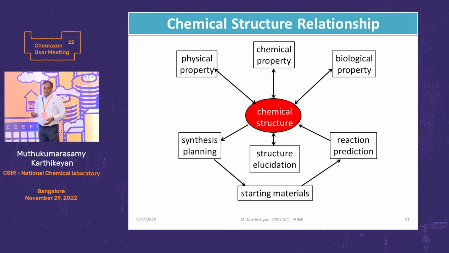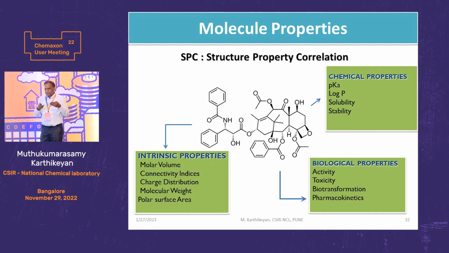Okay, then again I am coming back to my field, that is chemical structure and property relationship. At the end of the day, you have to correlate your variation in structure responsible for variation in biological activity, right? So now this is a very, very preliminary, very basic slide where a molecule has an intrinsic property which you can calculate.